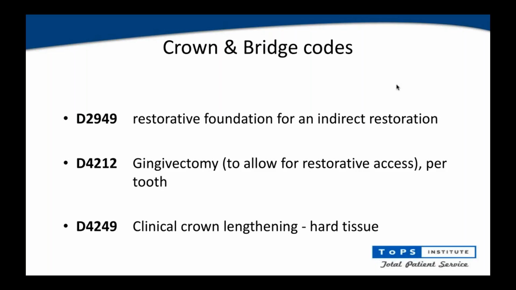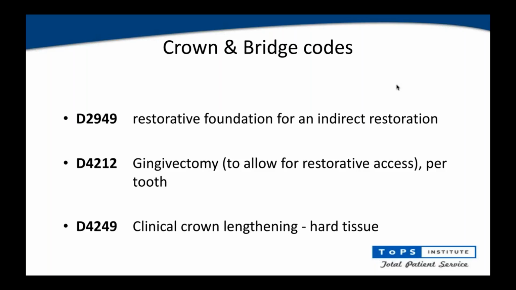There are two other codes. These are both for preparing the tooth so that it has adequate structure for the crown to sit on. There are times that a gingivectomy needs to be performed so that you have access to the tooth. So that's the 4212.